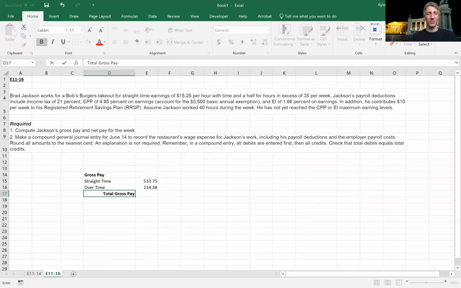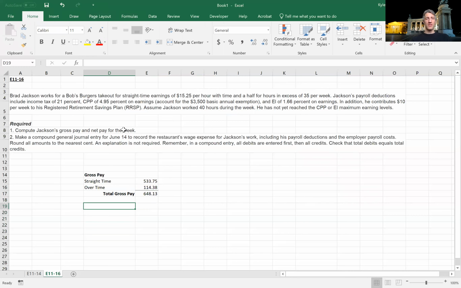Total gross pay, and I'm going to give myself an underline, sum these together. So gross pay is $648.13. We're going to see that that is going to be the wage expense for the employer. This is the total cost for the wages for the employer. Of course, the employer is going to pay benefits on top of that.